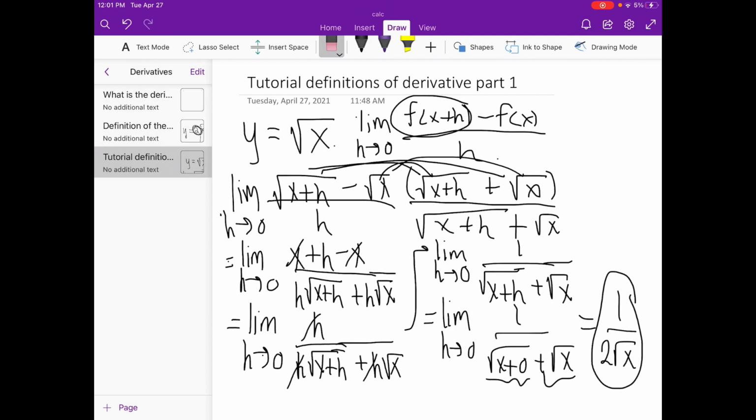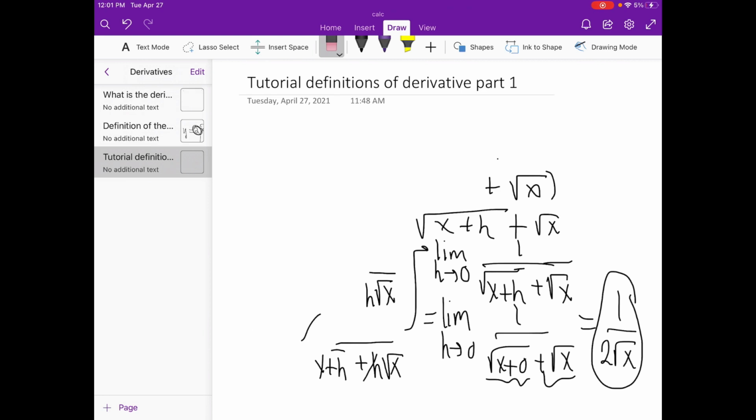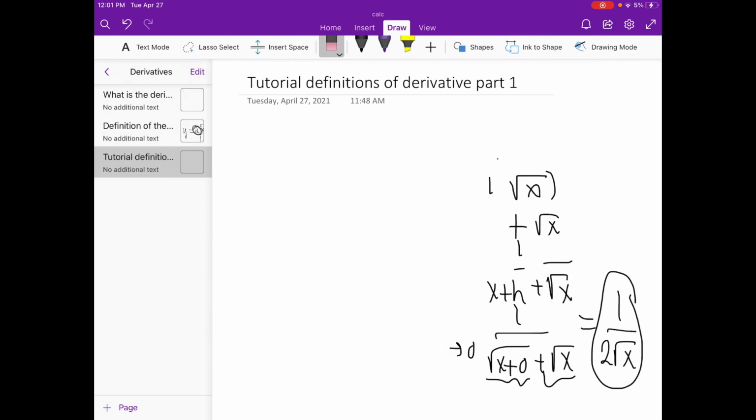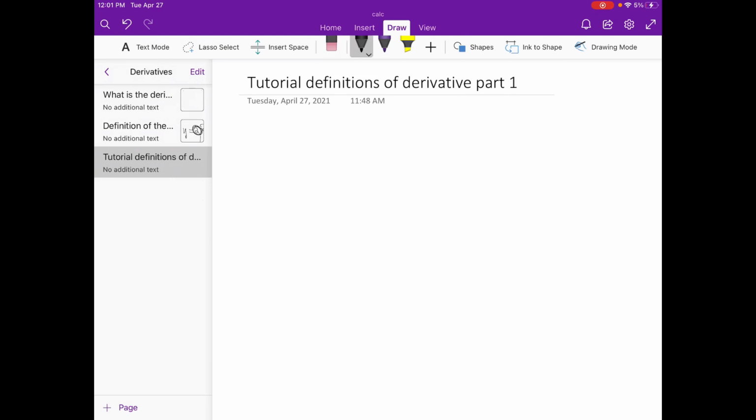Cool. We did a slightly more complicated example. But so far, all we've been doing is dealing with single terms, like we got x or we got 2x. How about we deal with something a little more complicated? Let me erase this.